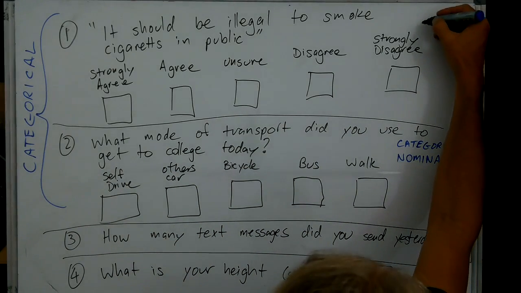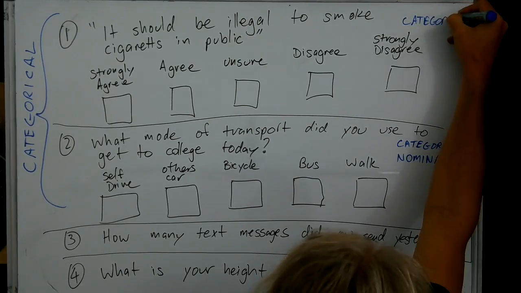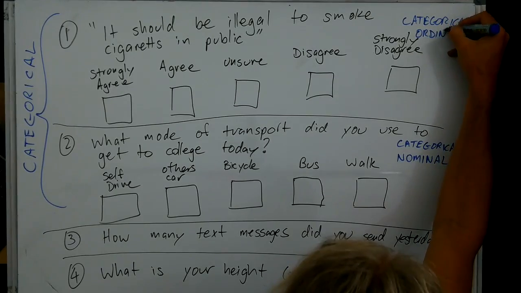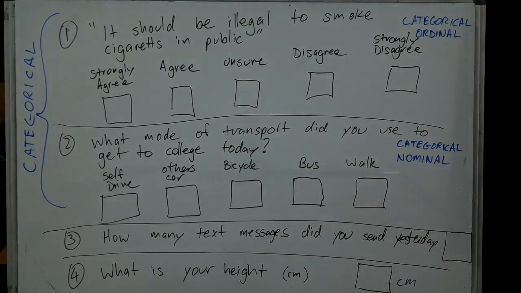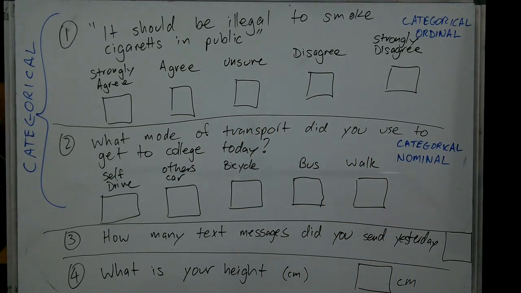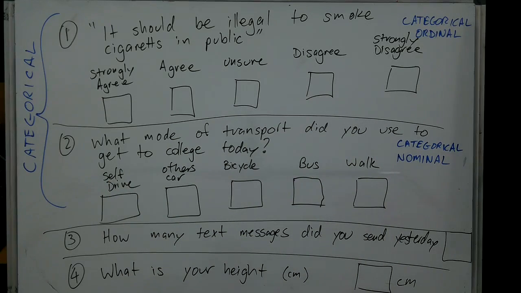So this is categorical, ordinal, simply because of all the possible options we have, we understand that there's an order that they go in.